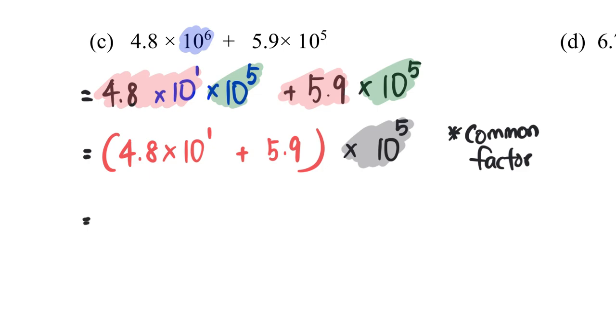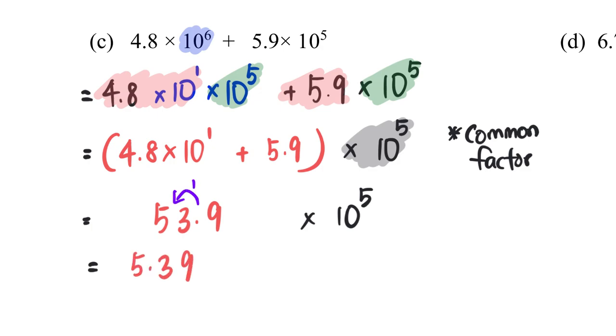So finally, this will give me a value of 53.9 times 10 power 5. But this is not yet the standard form. So I still have to rewrite 53.9 as 5.39 times 10 to the power of 1.